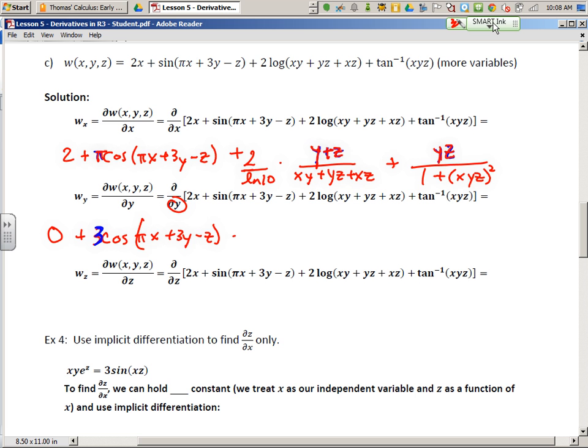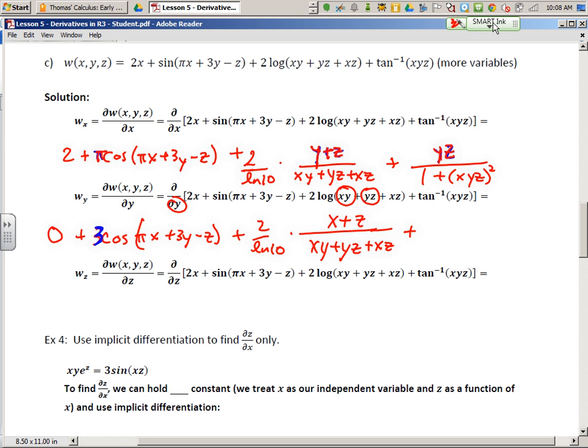Plus, and then we have the 2 over ln 10 thing. And then the 1 over xy plus yz plus xz. But then you're going to look at the inside. The y's are variables. The x and the z are constants. So if you only look at these two terms, the ones that have y in them, and their coefficients are x and z, so you basically get x plus z.